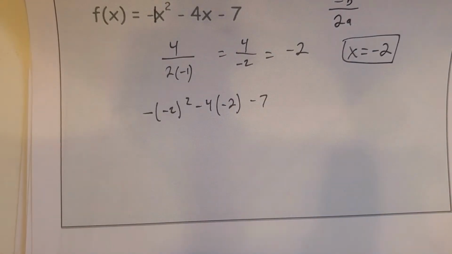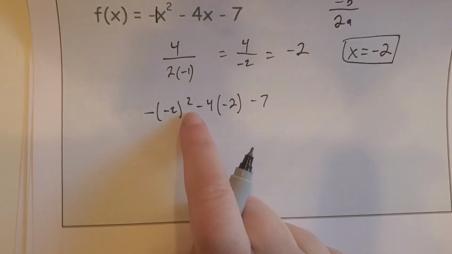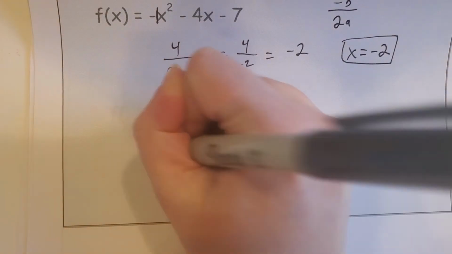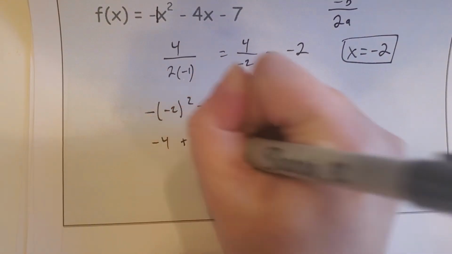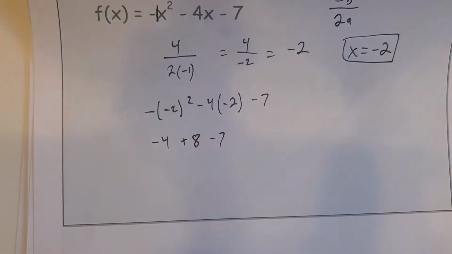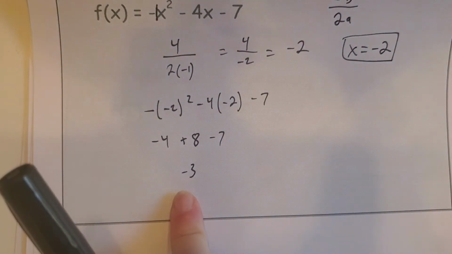But you can also do this by hand, again, using the order of operations. Negative 2 squared is 4, so this is negative 4. Negative 4 times negative 2 is 8, so plus 8, minus 7. Negative 4 plus 8 is 4, minus 7 is negative 3. So that's the y value of your vertex.